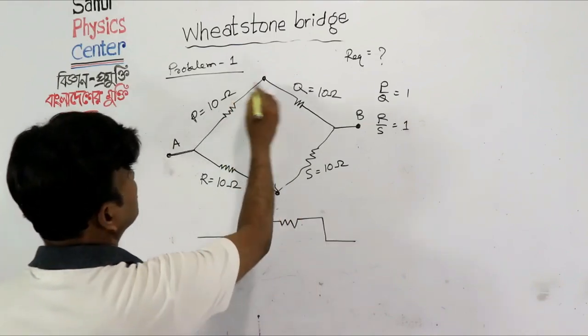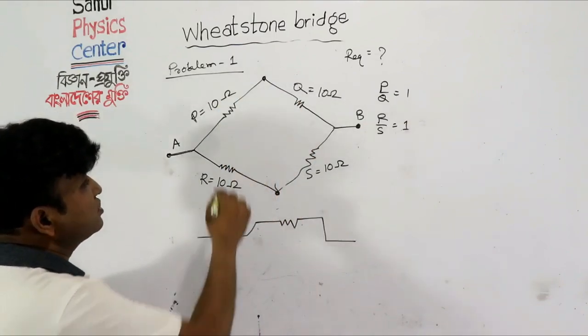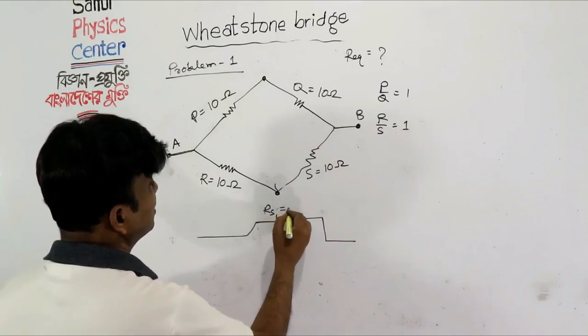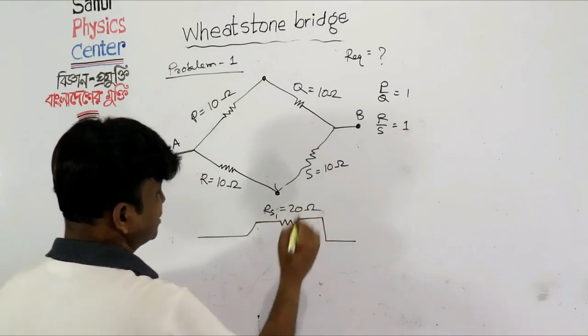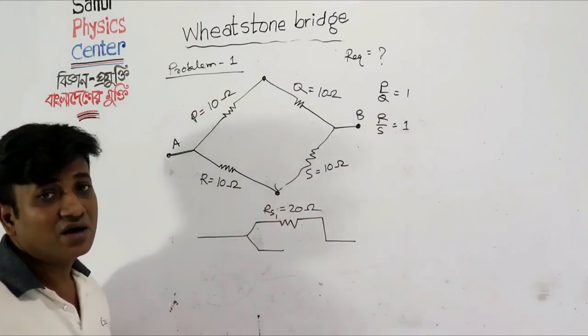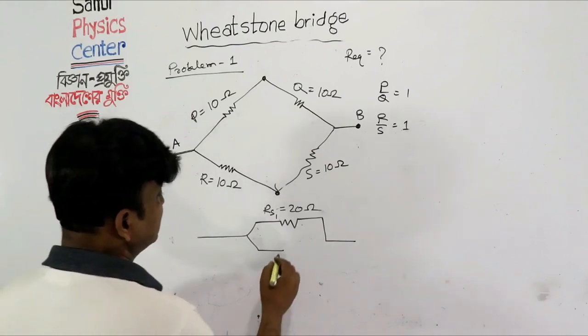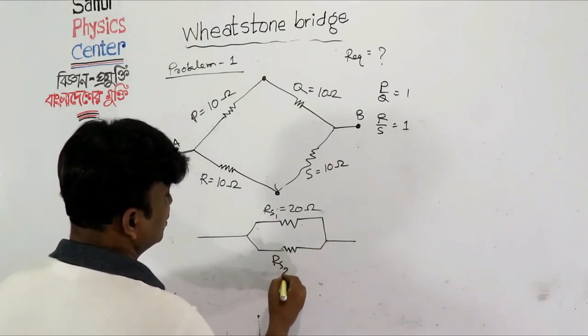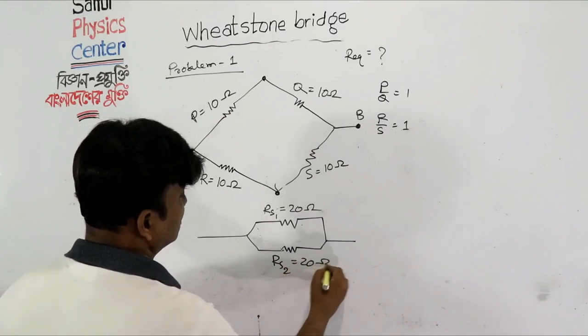As P and Q are connected in series, their equivalent resistance, suppose RS1, equals 20 ohms. Again, R and S are also connected in series, therefore their equivalent resistance RS2 is also 20 ohms.